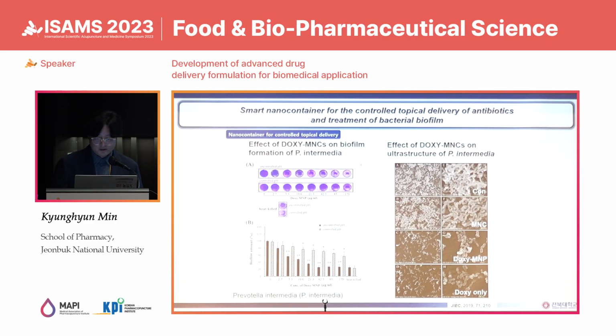Using this system, we also confirmed the effect of the doxycycline mineralized nanocontainer on biofilm formation and on the ultrastructure of bacteria. And you can see in the figure, the nanocontainer showed the most inhibition effect on biofilm formation and the ultrastructure of bacteria.